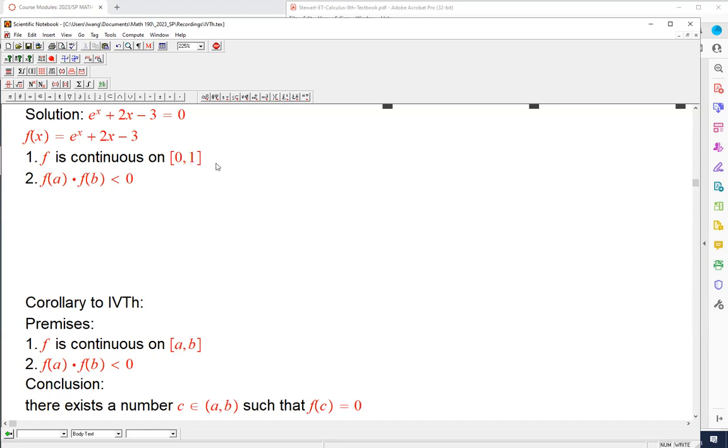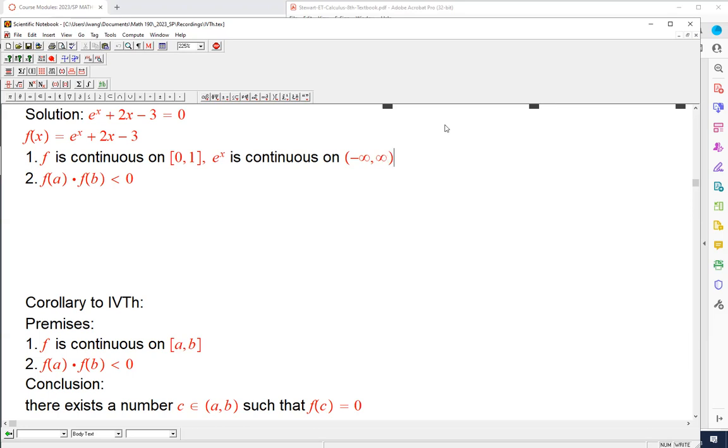Why is it continuous? Because e to the power x is continuous on its domain, which is guaranteed by which theorem? Theorem number 7.